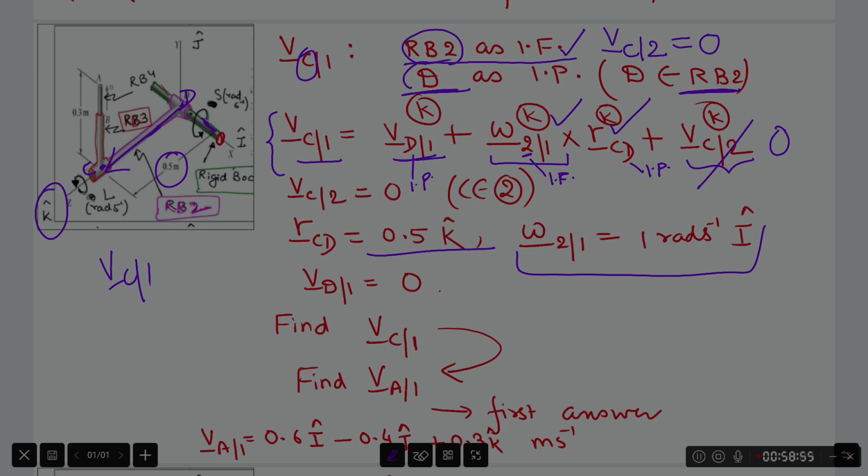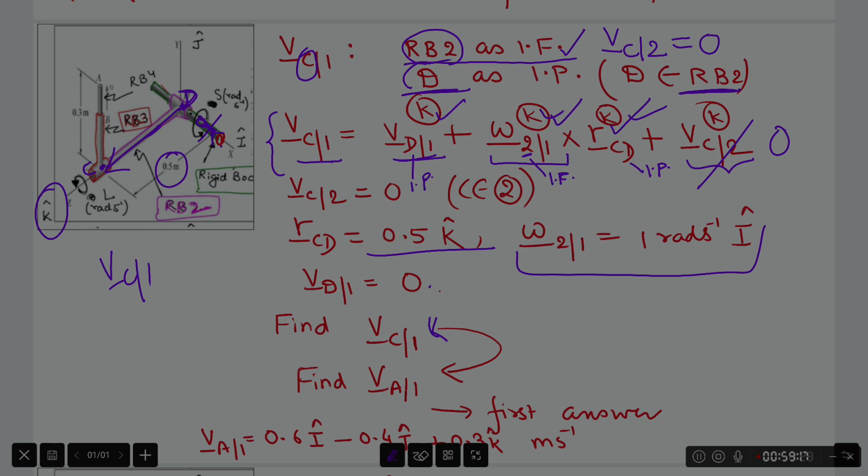Next term is VD1. Is it known? Indeed, it is known. You look at VD. VD with respect to 1 is actually 0. D is not going anywhere as seen through the eyes of the man who is sitting on 1. Okay. So in this equation, everything is known. VC1 you can find.